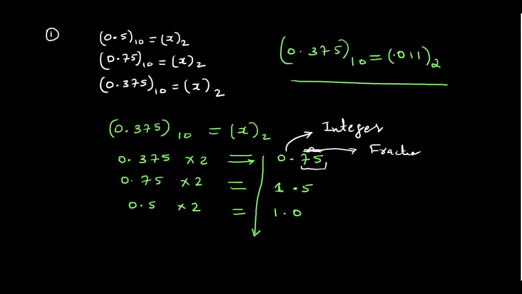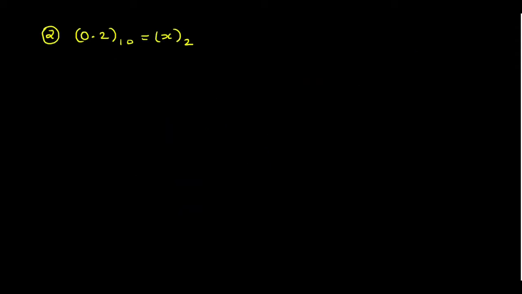Now I hope you know how to find out 0.5 and 0.75 binary equivalent. This is our second example. So what we do? Write down the fraction and multiply by 2, which is equal to 0.4, which is fraction and which is integer, you know.